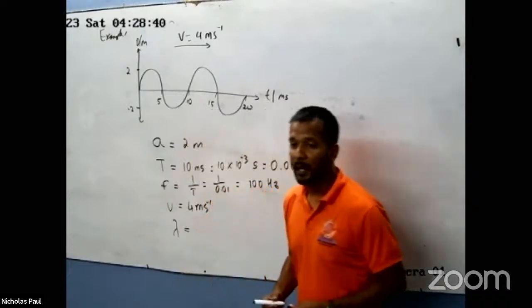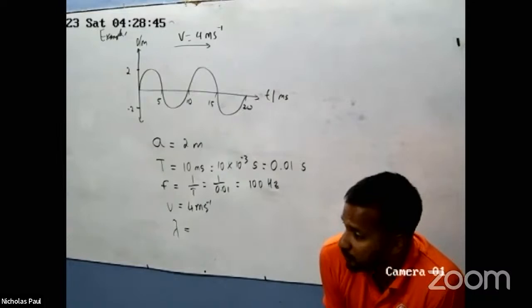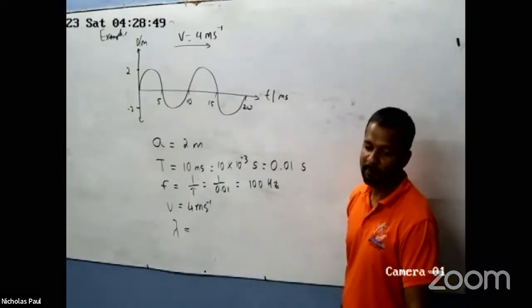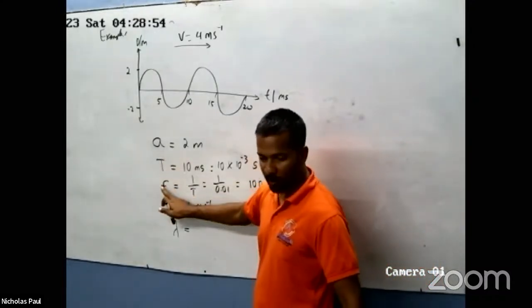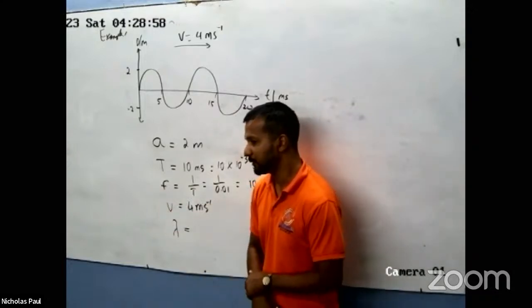I need some help with Malini. How do I find wavelength? I have amplitude, period, frequency, and speed. How do I find wavelength?